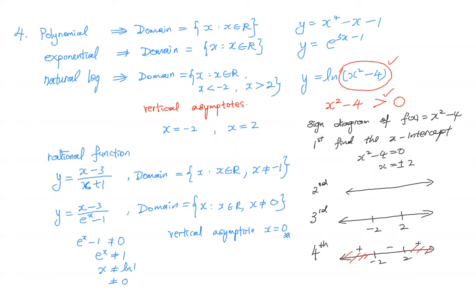For this case, the vertical asymptote is x equal to -1. Are you okay?